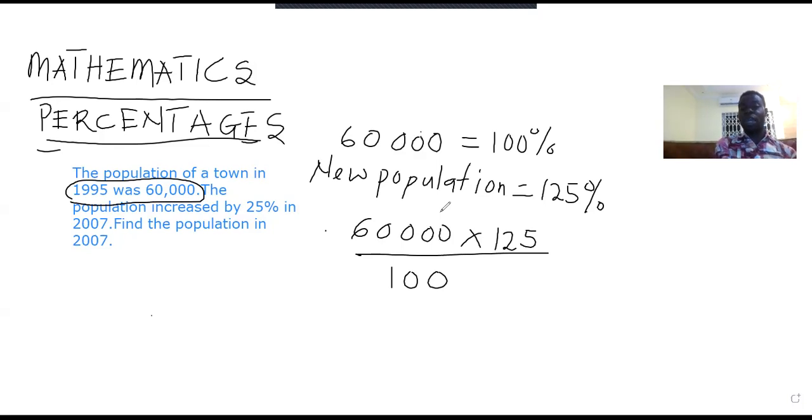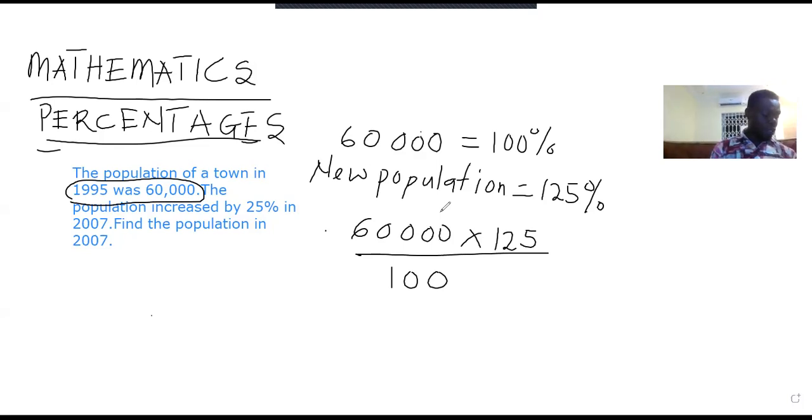That is why we divide by 100%. 125% is giving us more, 100% will give us less. So that is why we are dividing by 100% or 100.